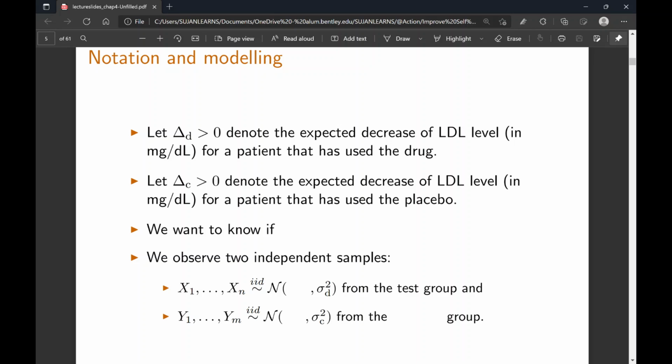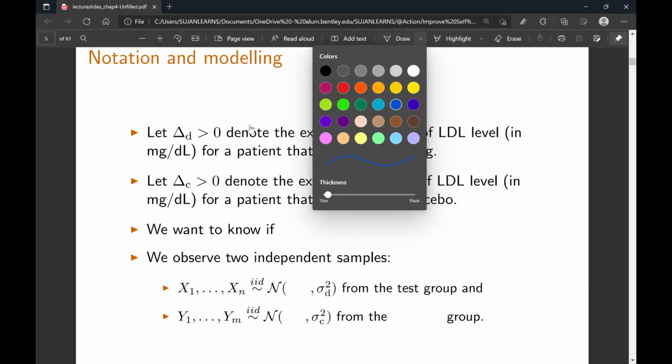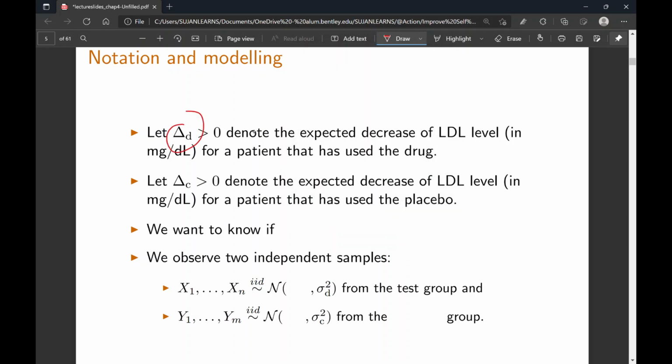It is measured in milligrams per deciliter. Secondly, we have delta C, and delta C is the expected decrease in LDL for patients that have used the placebo, and it is also measured in milligrams per deciliter.